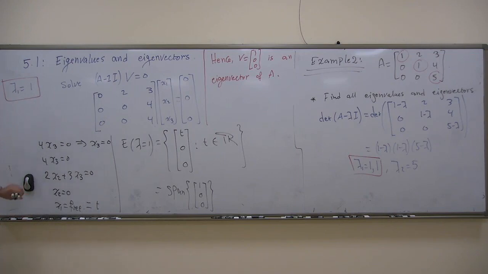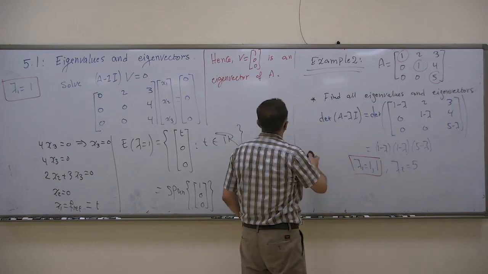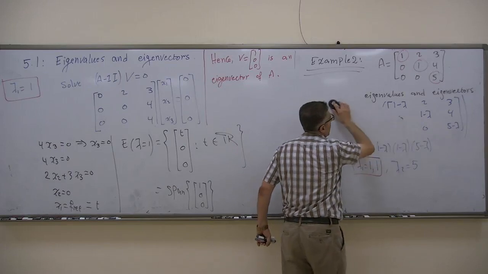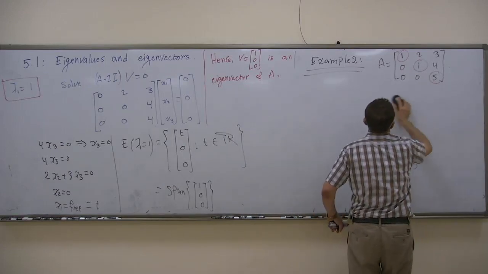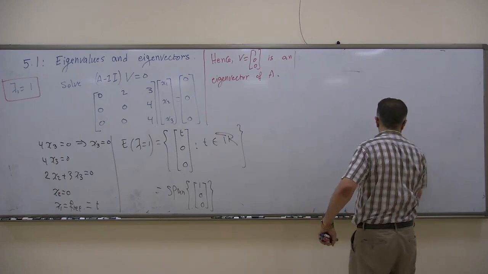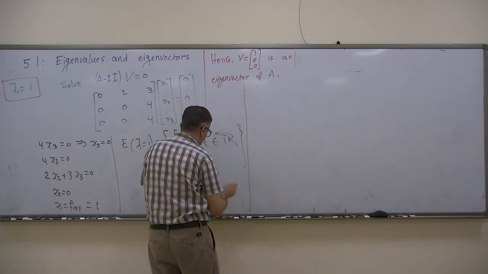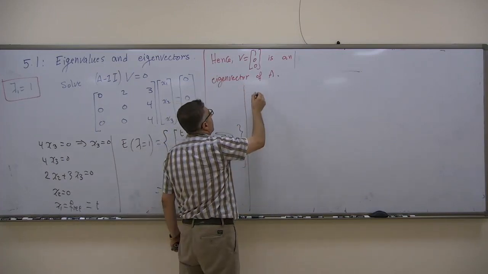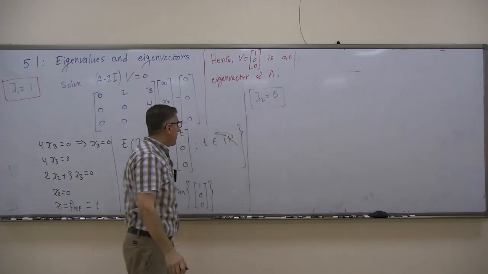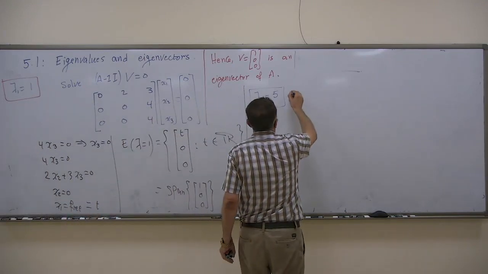Now, we do the same thing for the second lambda, lambda 2. Lambda 2 equals 5. And since it's similar, I'll leave it for you, but let me write down here what we get.